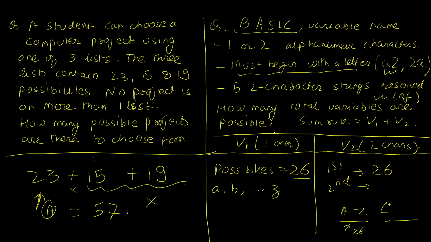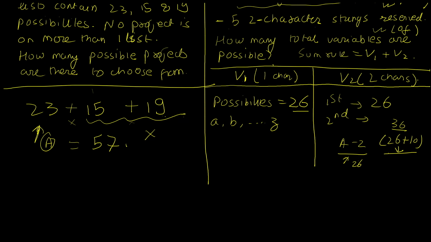So I have 26 alphabets and 10 numbers. So that gives me 36 total possibilities for the second character. And therefore, if I need to calculate v2, I know that v2 will just be a product of these two possibilities. So it will just be 26 possibilities for the first place times the 36 possibilities of the second place. And this will just be equal to 936. And is that all? There is one more restriction.